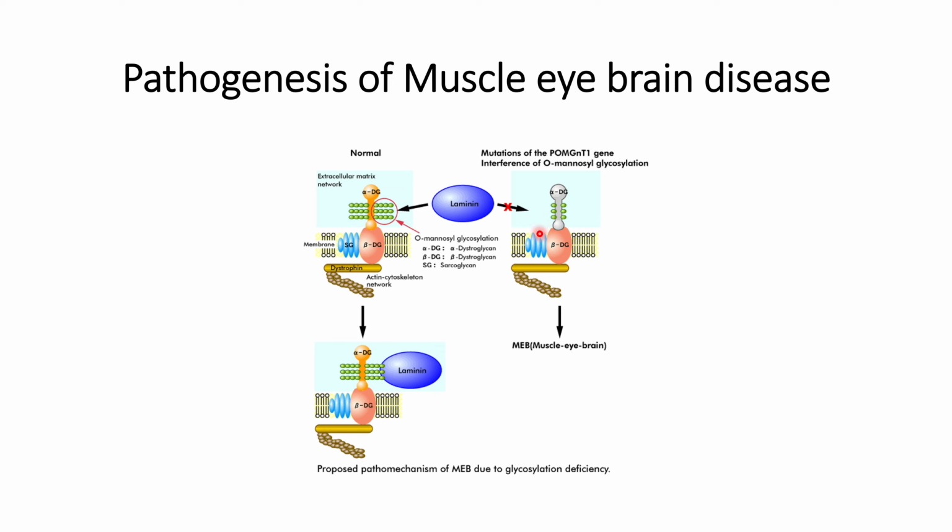This might substantiate their point that POMGNT1 is the gene that might cause improper glycosylation in alpha dystrophin, or we can say interference in O-mannosyl glycosylation in alpha dystrophin, that might lead to muscle eye brain disease.